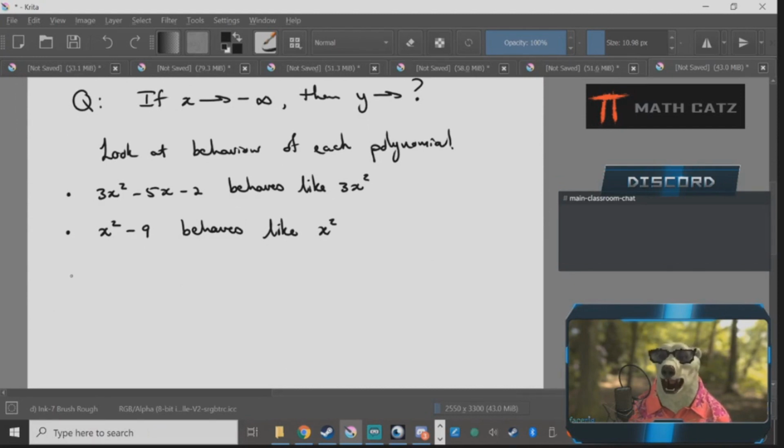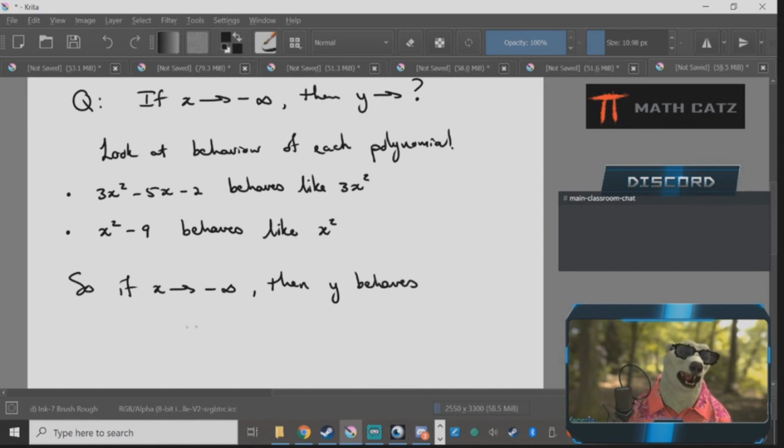So if x approaches negative infinity, then I'm going to write it in words, though the arrow is exactly the same: y behaves like 3x squared over x squared. Let me make this extremely clear.